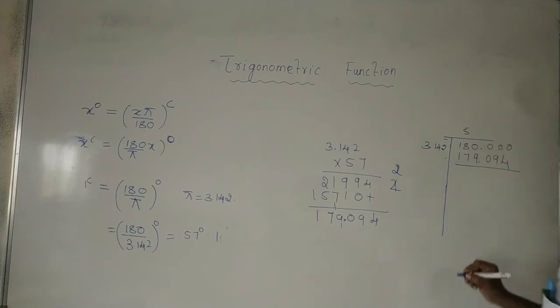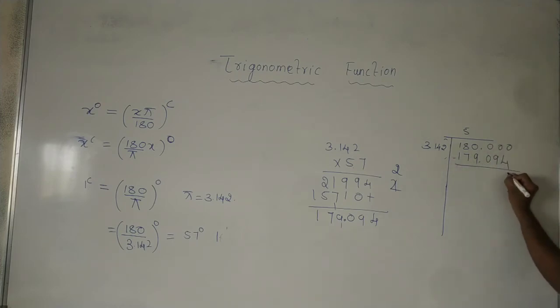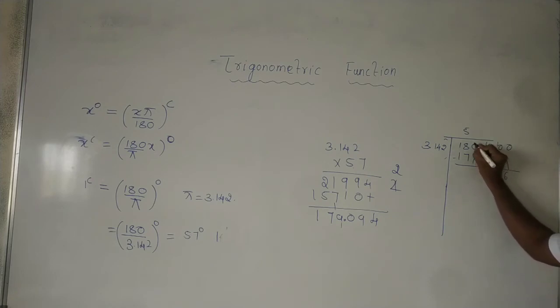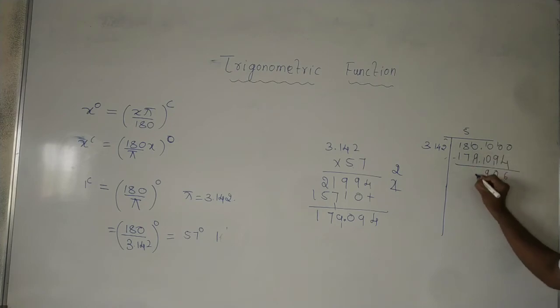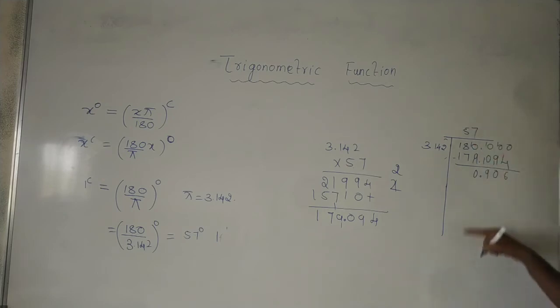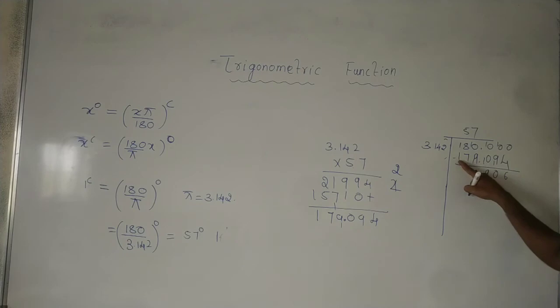So we have to subtract this, and we carry. We get 179.096, so the remainder is 0.906.